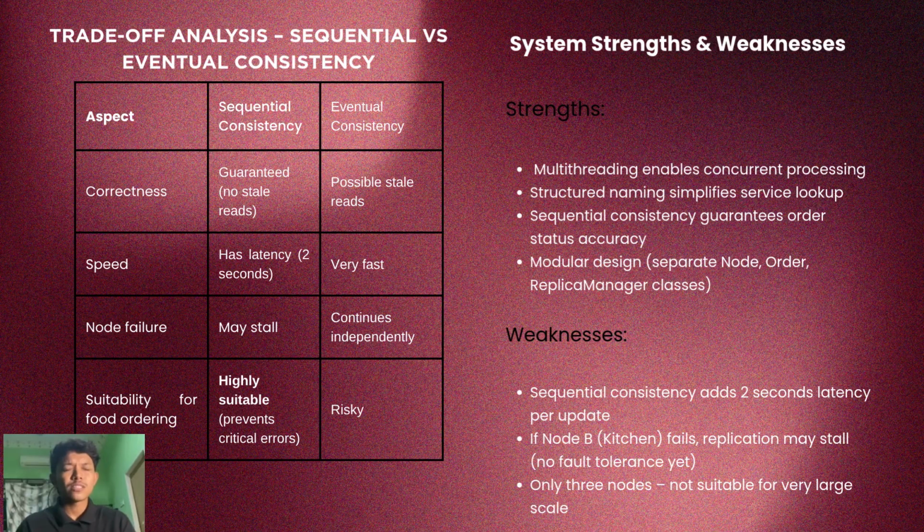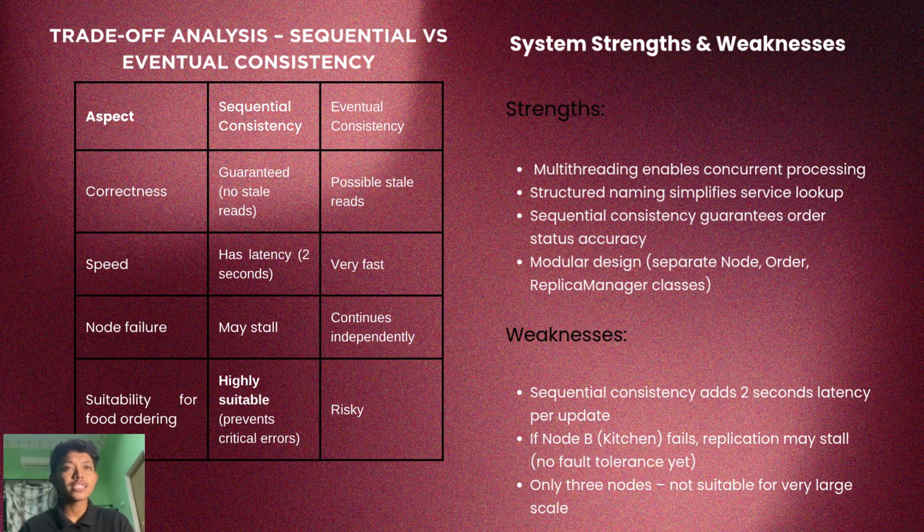Okay, now the most important trade-off: sequential consistency versus eventual consistency. As the table shows, sequential consistency guarantees correctness, no stale read, but it adds about 2 seconds of latency because we update each node one by one. Eventual consistency is very fast, but it allows temporary mismatch.